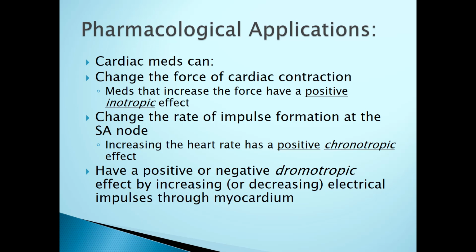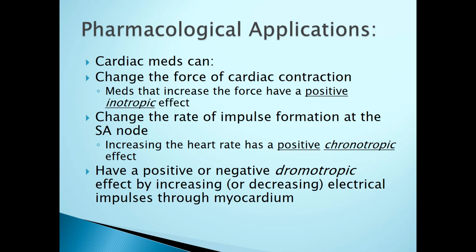When heart rate increases, those chambers of the heart can't fill. So there's not enough blood being pumped out with each contraction. Okay, because of these changes, the heart is remodeled. The heart enlarges.